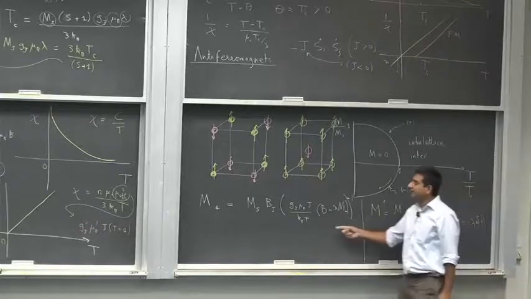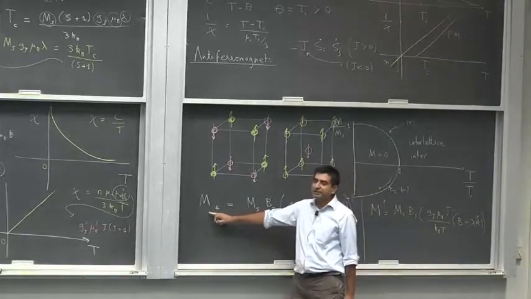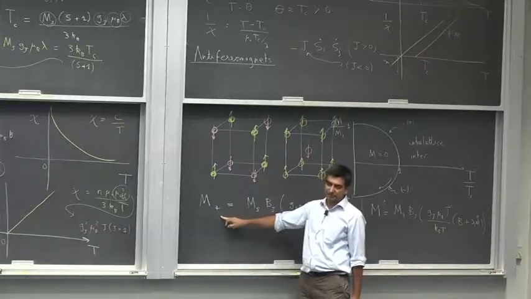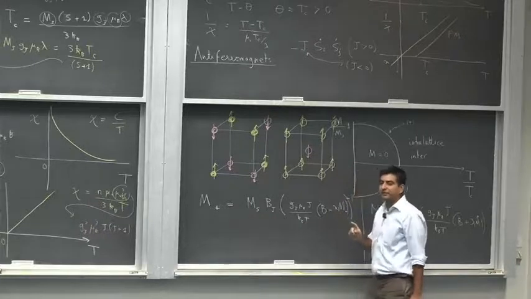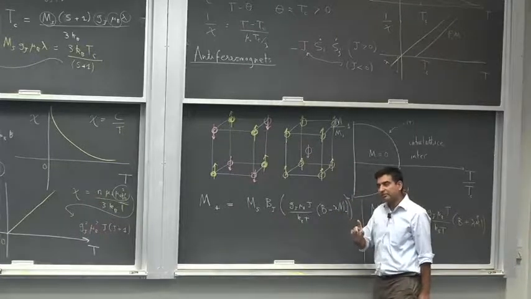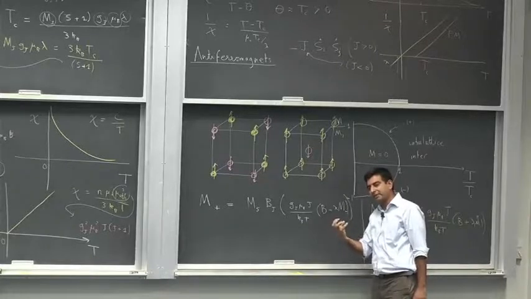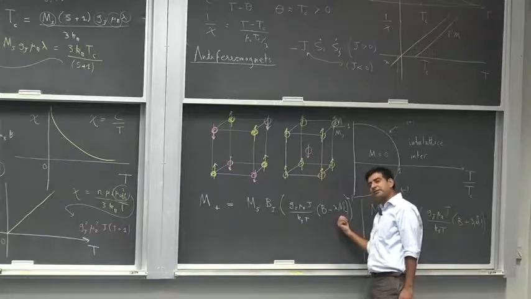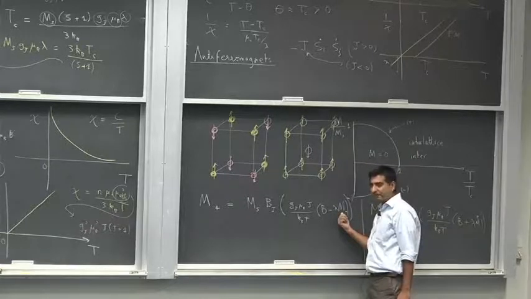In this particular case, there are two subdomains labeled by plus and minus. The magnetization of the plus domain, or one domain, depends upon the molecular field generated by the other domain. That molecular field will be larger in magnitude when the magnetization on the other domain is large. So it's proportional to M minus. And this is just a constant again.